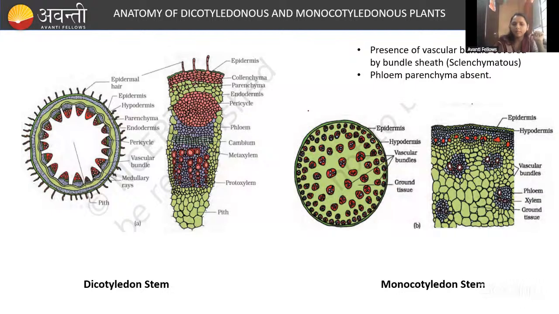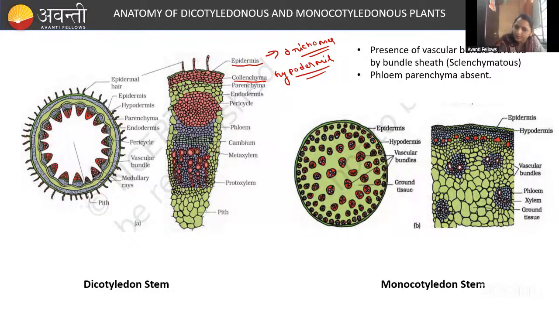Then coming to the stem, guys. If you take the stem cross section in the dicotyledon, mainly you can see the epidermis bearing the trichomes. And here you can see the hypodermis, mainly consisting of collenchyma.